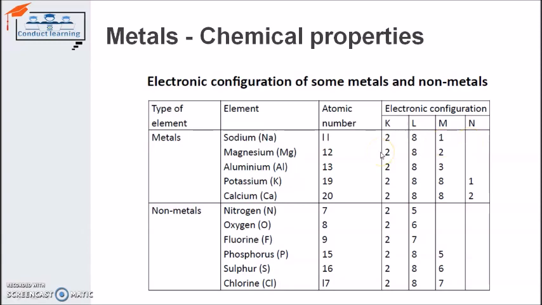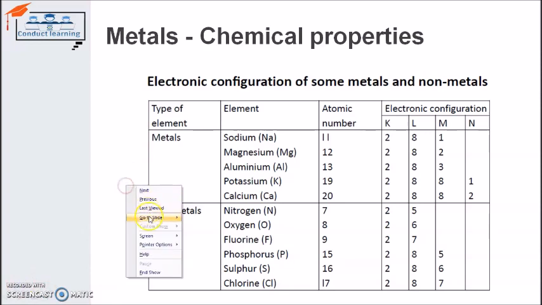What is the meaning of this? If we add these three shells, the sum is 11. That means it has only 11 electrons in its shells, of which it has one to share.